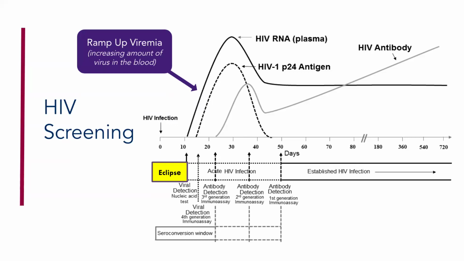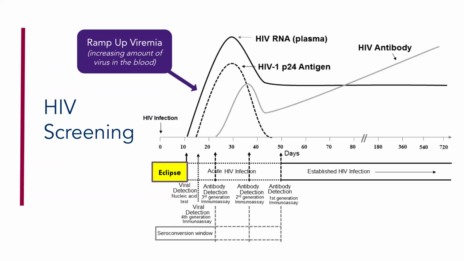So after that eclipse phase, which typically lasts around 10 days, the HIV moves through the local lymphatic tissue and into the systemic circulation, into the blood. Once it's in the blood, it begins to replicate, and it replicates quickly.